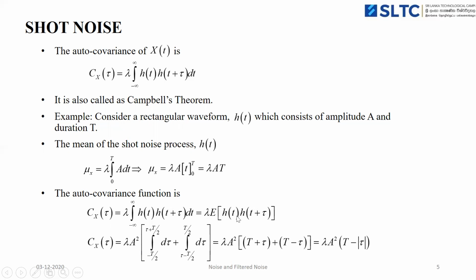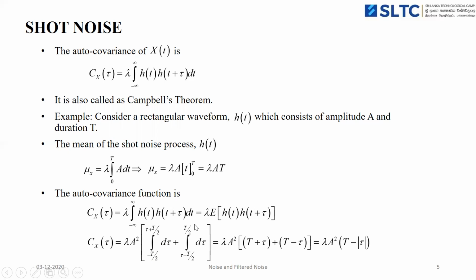Since there are two variables present, t and tau, we can split the integral from minus T by 2 to plus T by 2 into two integrals. The first integral varies from minus T by 2 to tau minus T by 2 plus tau, and the second integral varies from tau minus T by 2 to T by 2.